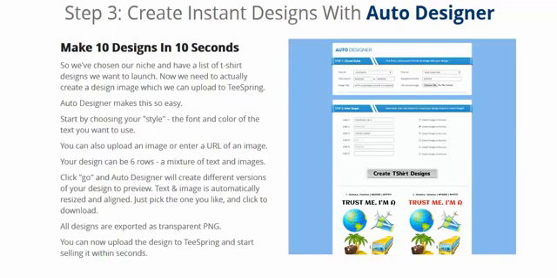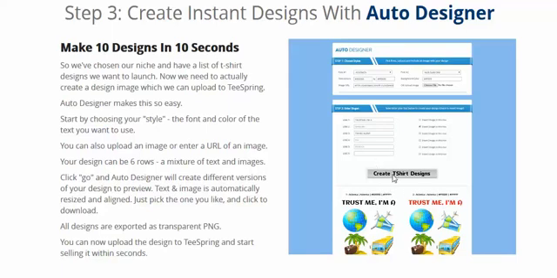So Auto Designer lets us create the design in a few simple steps. So firstly, we choose our style, which is like the font and the color of the text we want to use. We can also upload an image either as a URL or from our own computer. And then we basically just type our design in, the slogan that we want to use, across up to 6 rows.